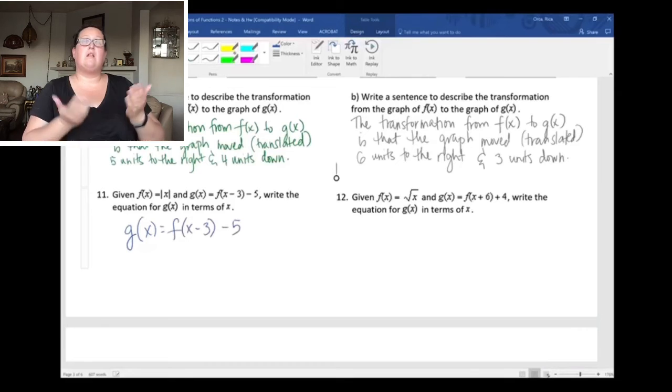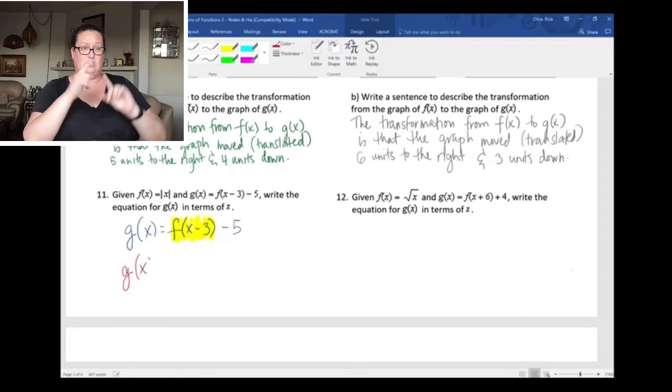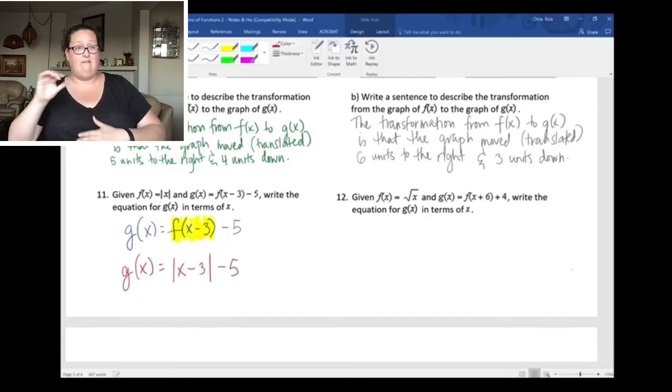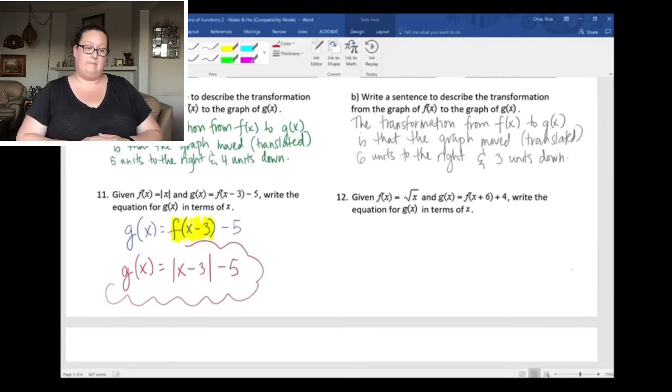And once again, because this function is an absolute value, we'll go ahead and turn this piece into an absolute value. We have g of x is equal to the absolute value of x minus 3 minus 5. And that's our answer.